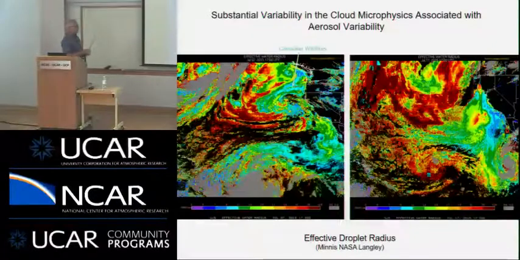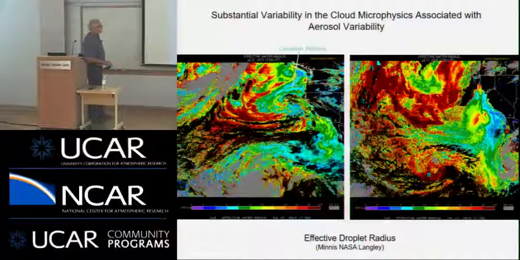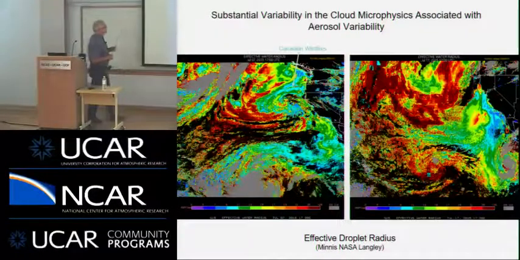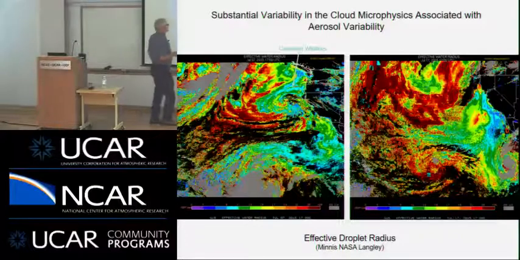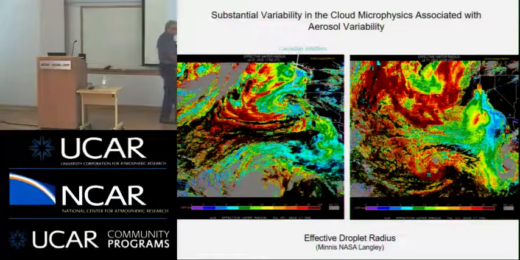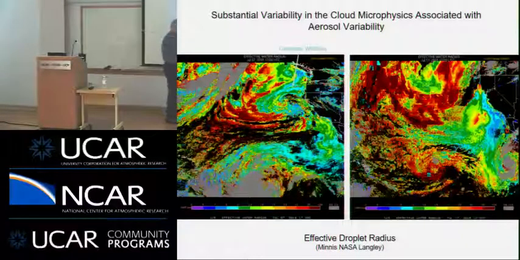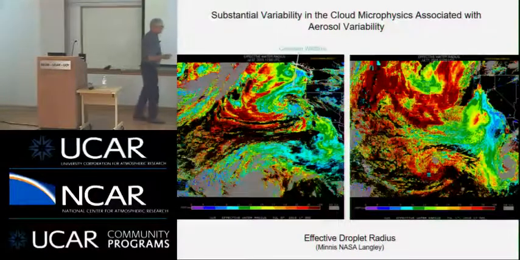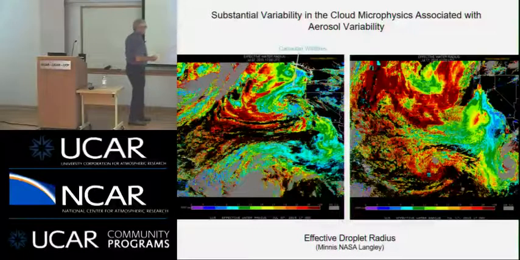Now, one of the things that we did have was a lot of variability in the aerosols. So this is an effective droplet radius. This is from Pat Minnis's product that he puts together. So this is for the experiment here. And this day here was the Canadian wildfires that were prevalent. That was on July 7th.